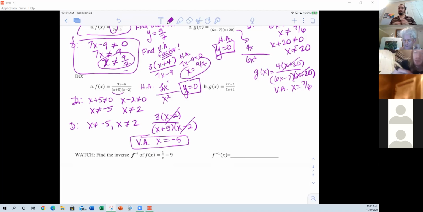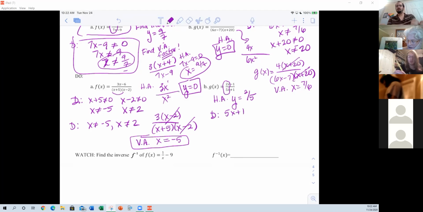On this one, the horizontal asymptote, because the degree in the numerator and the degree in the denominator are equal, is going to be y equals 2/5. The domain is going to be 5x plus 1 is not equal to 0.